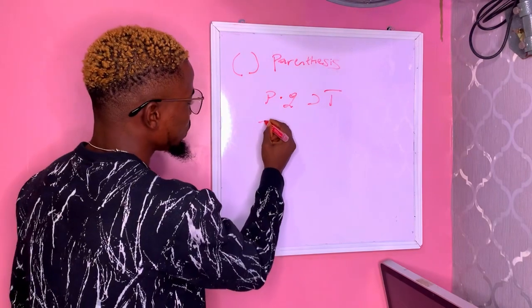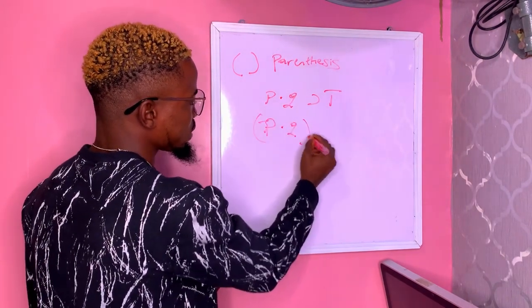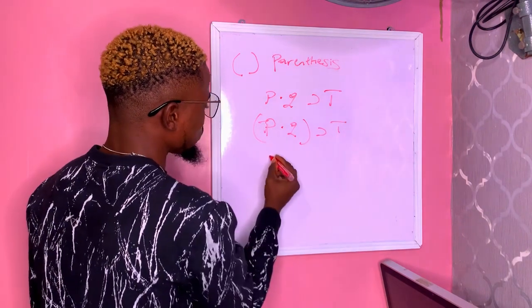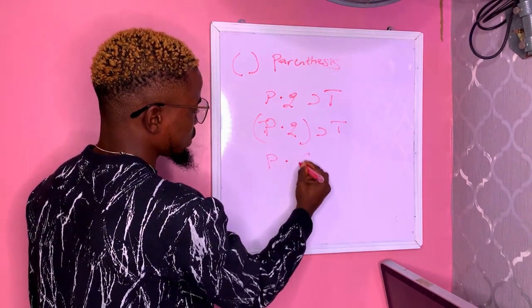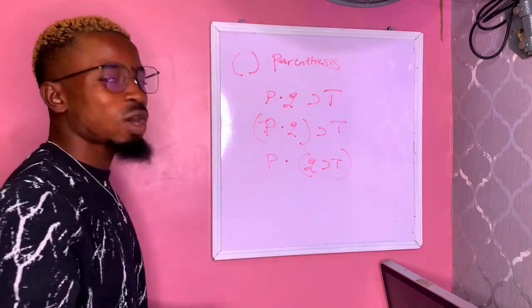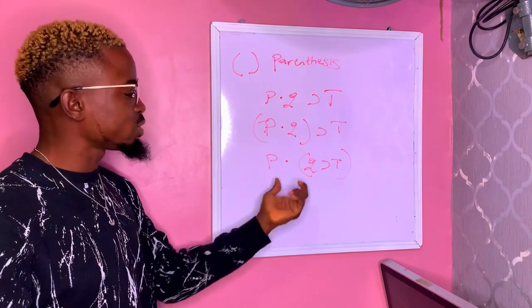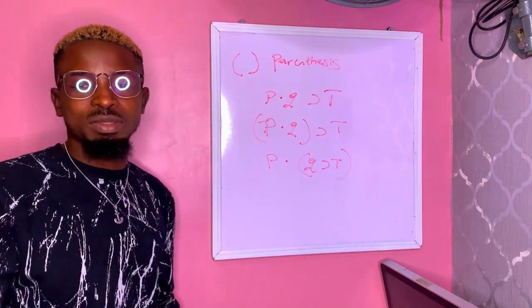It can mean P and Q in parentheses implies T, and it can also mean P and Q implies T in parentheses. So how are you going to know whether it is the first two that I'm going to put in parentheses, or the last two?